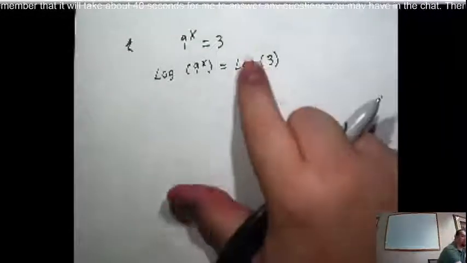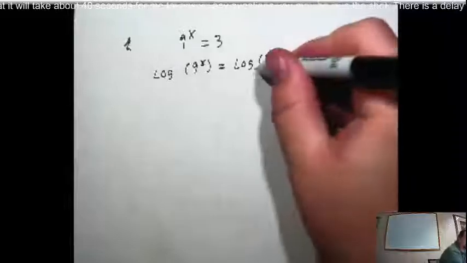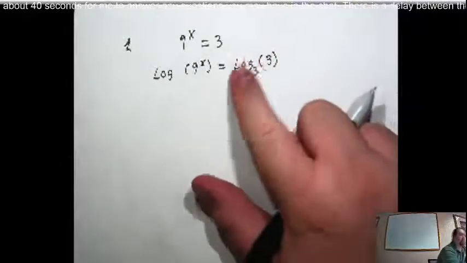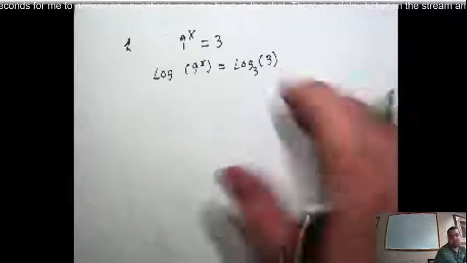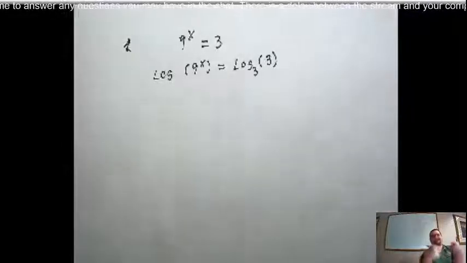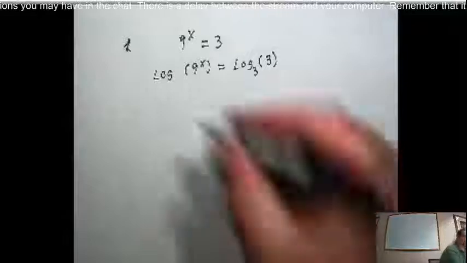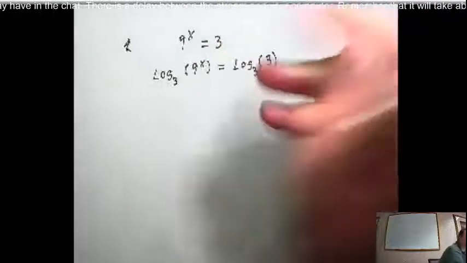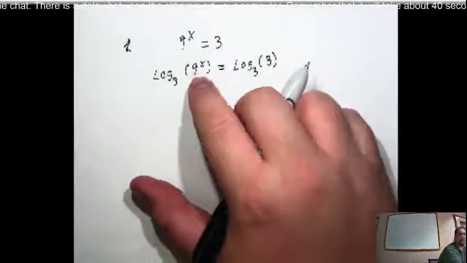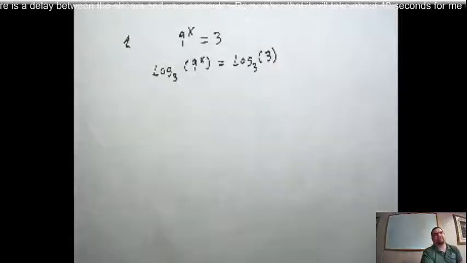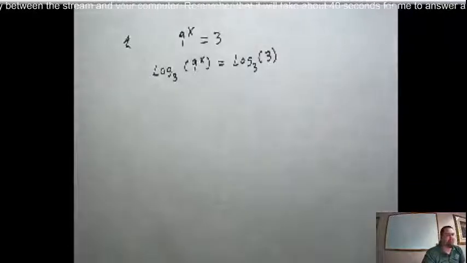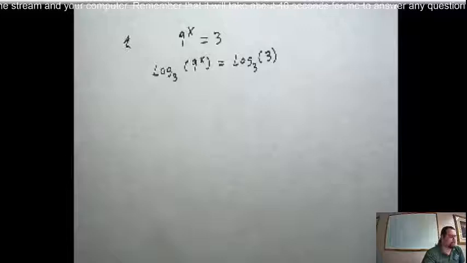First of all, I know that if I put base 3 over here, that log base 3 of 3 is 1. So that's something that I know. I can actually get a value out of that. The other reason I want to use base 3 is because if I put base 3 over here, I know that there are 3's in 9. 9 is 3 times 3. I know that.